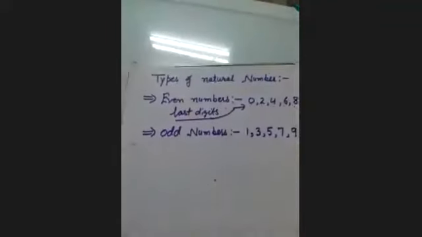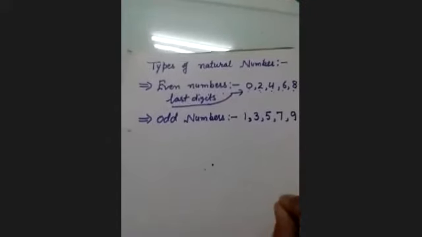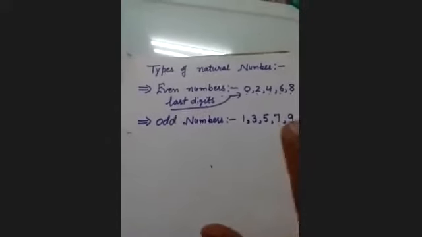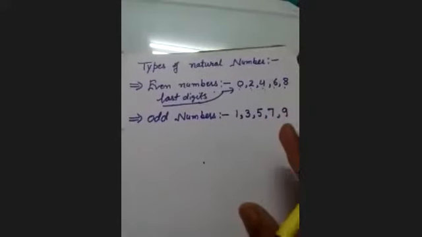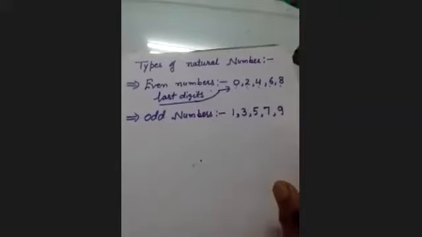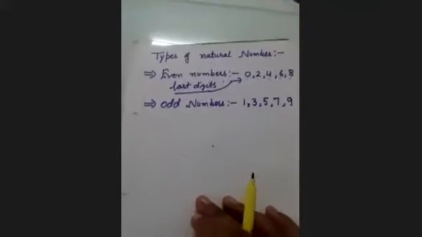In other words, if the last digit of any natural number is 1, 3, 5, 7 or 9, then our number is an odd number.